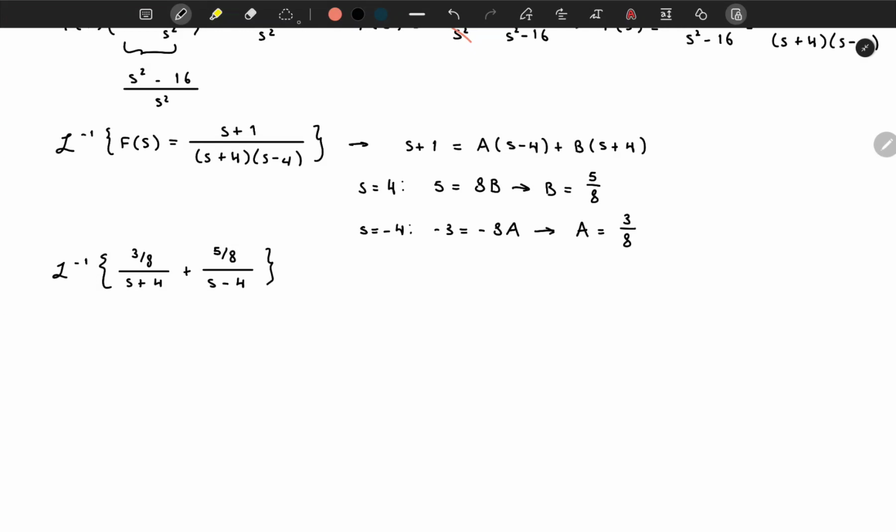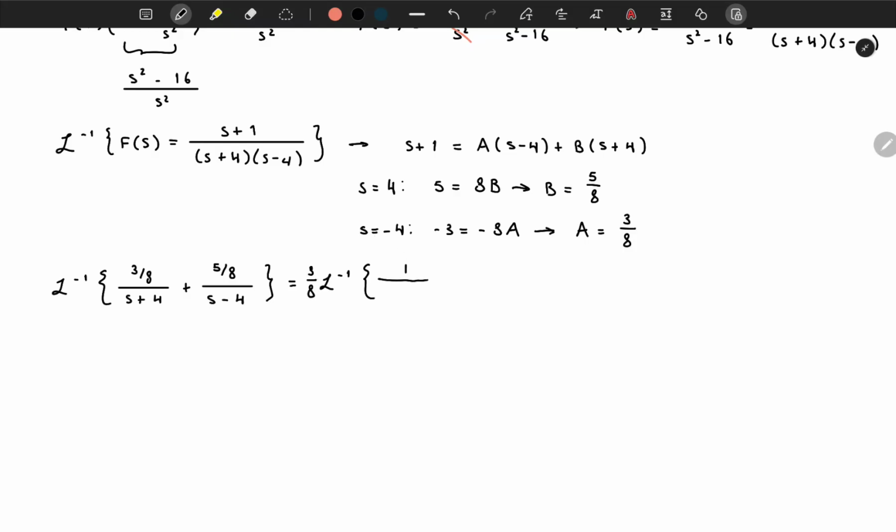And so we can split this into the Laplace inverse of, and let's take out the constants as well, 3 over 8 times the Laplace inverse of 1 over s plus 4, plus 5 over 8 times the Laplace inverse of 1 over s minus 4.